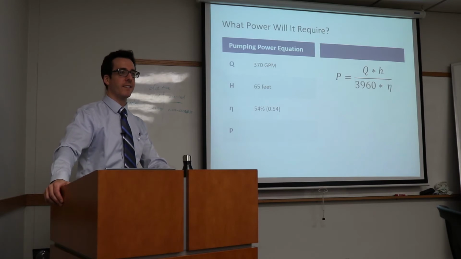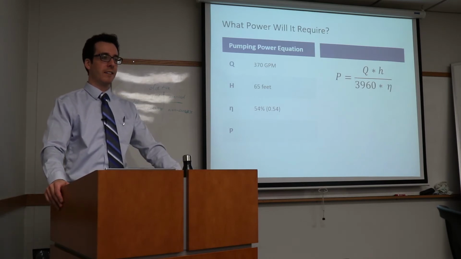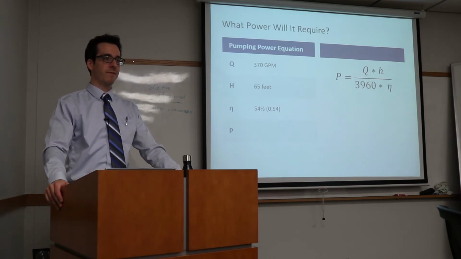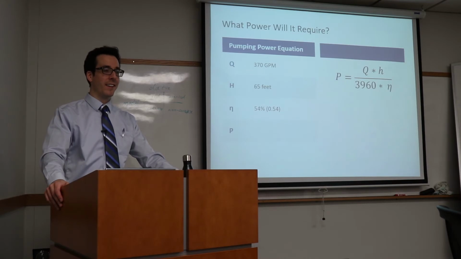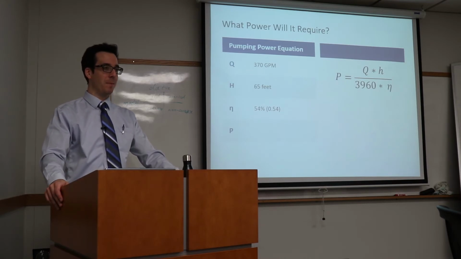Okay, who's got an answer? How many horsepower are we talking here? 11.2. Okay. Next question: is it a big pump or a small pump? Small for a water system.